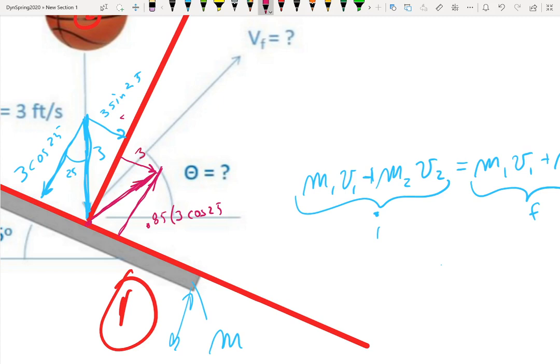So this is still 3 sine of 25. The other is 3 cosine of 25, but 85% of it, because of the coefficient of restitution. So in fact what happens is I lost energy coming directly off the surface, but not perpendicular to the surface. These remain the same.